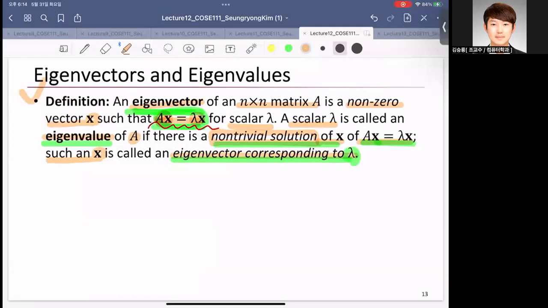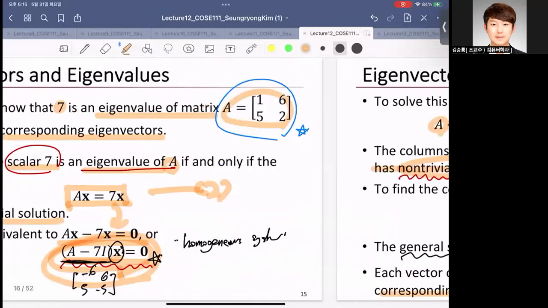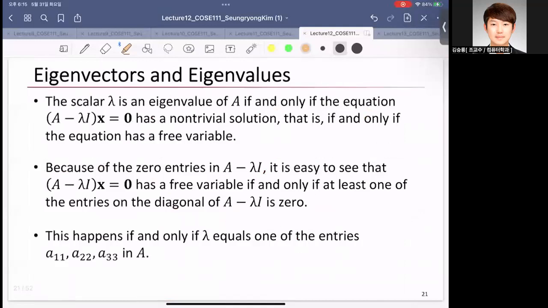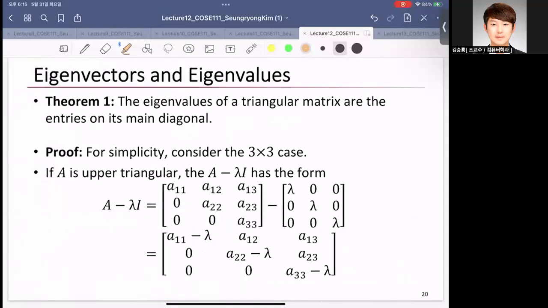Any other question? No? Okay, so that's it. In this lecture note 12, we started eigenvectors and eigenvalues.